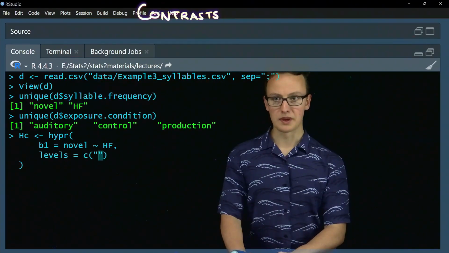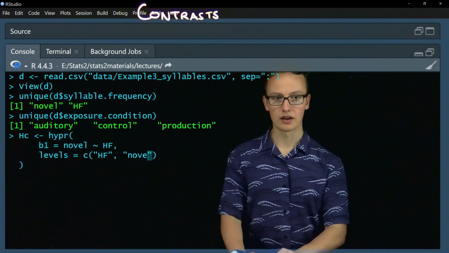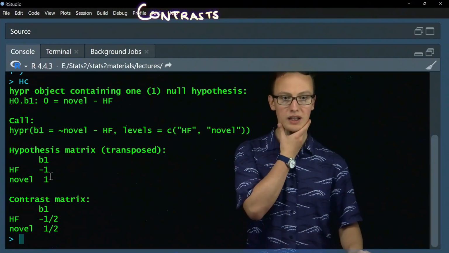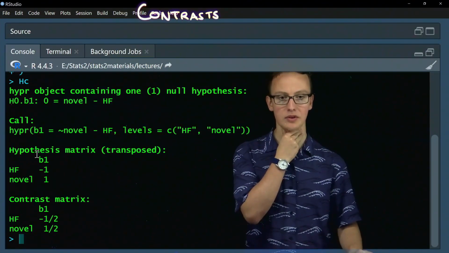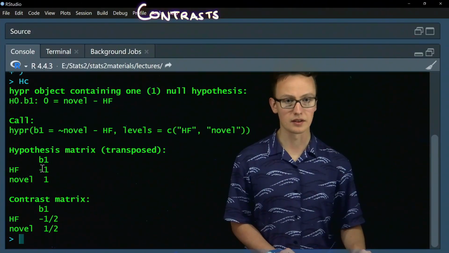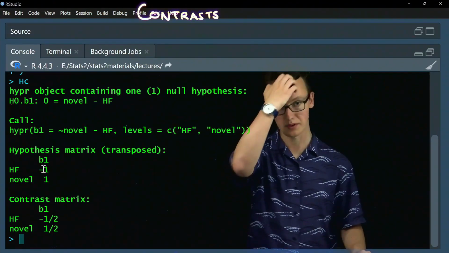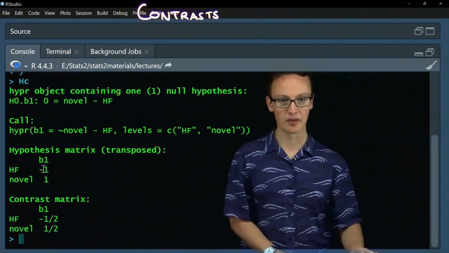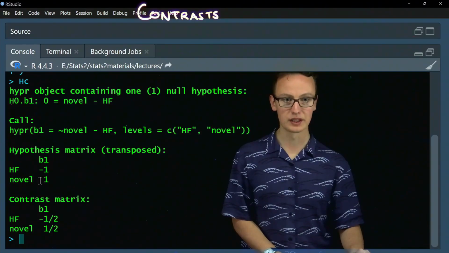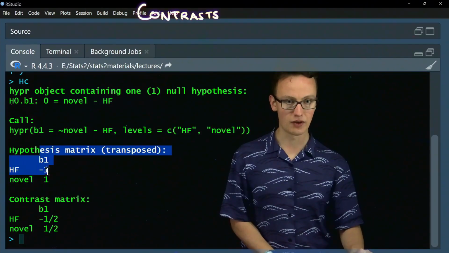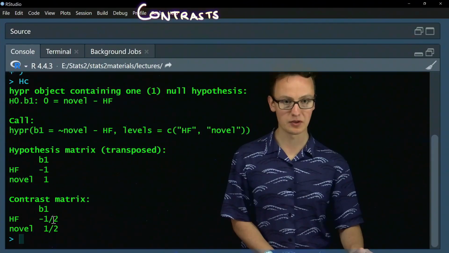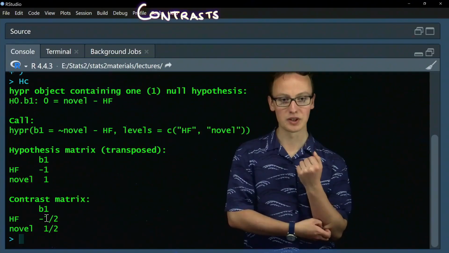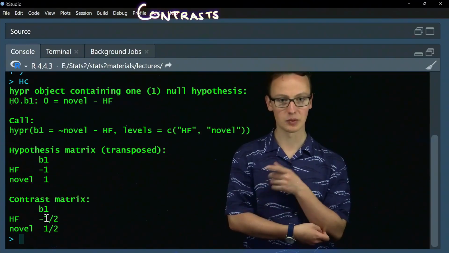So once we have that, we could say, okay, let's create this. And here we can see how it will have coded our variables now. So highly frequent gets, that's not the contrast coding yet, that's the hypothesis matrix. So in this matrix where we have the coefficients for the betas, we have a -1 for highly frequent and a 1 for novel. And taking the generalized inverse of this, we will get the contrast matrix, which is now scaled sum coding actually, which is -1/2 for highly frequent and 1/2 for novel.